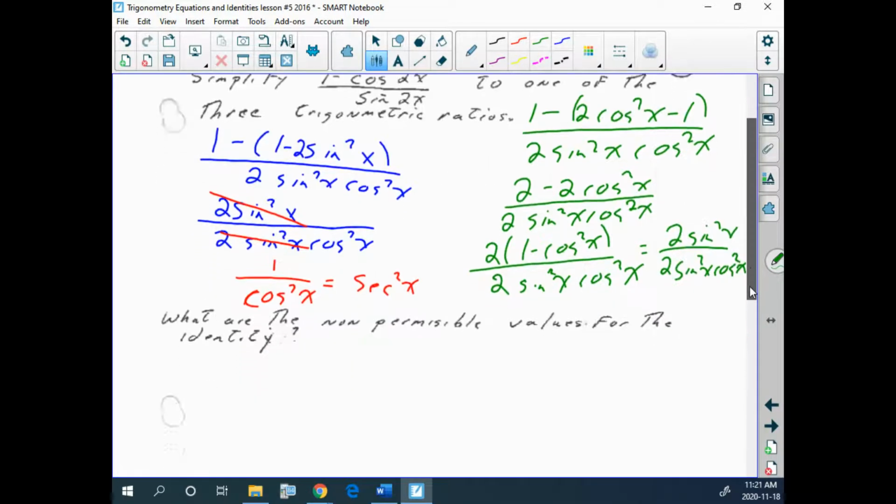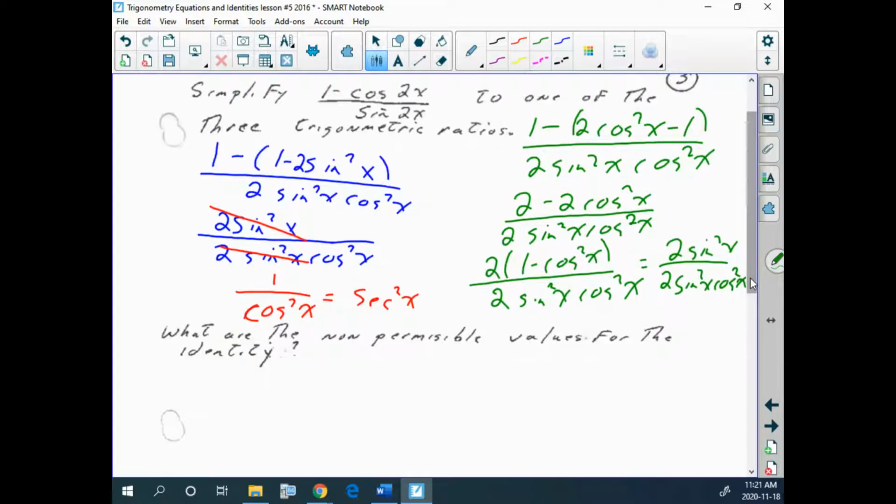Okay, now, when we ask for non-permissible values here, I don't want to work with sine 2x, okay? Because it introduces a complex, and I'll introduce that to you tomorrow.